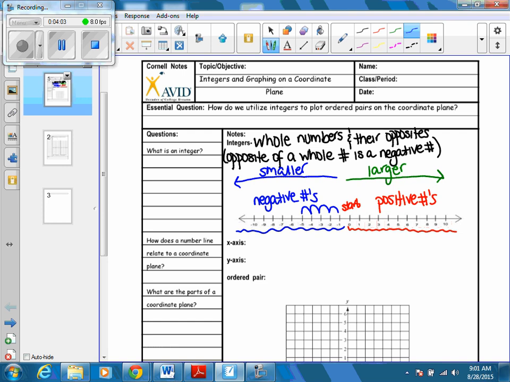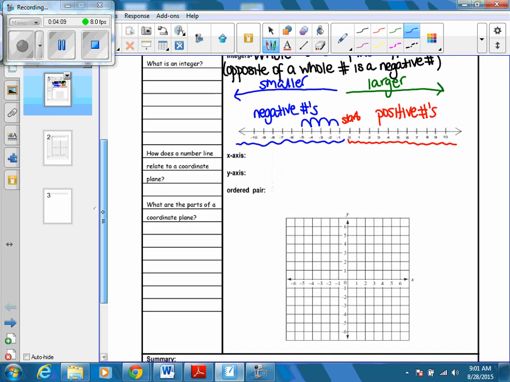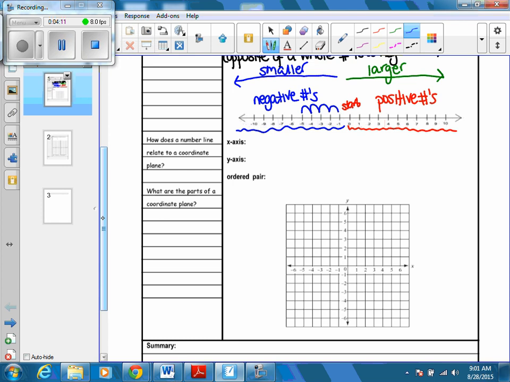Let's keep on going with our notes and talk about a few more definitions. The next part says something about an x-axis. That's something very important on our coordinate plane. An x-axis is a horizontal line moving left to right.